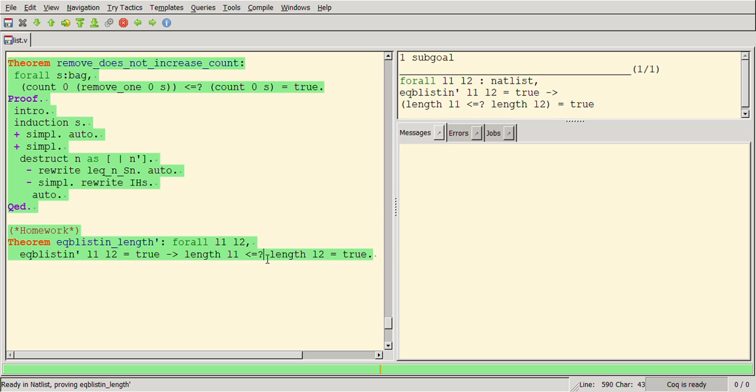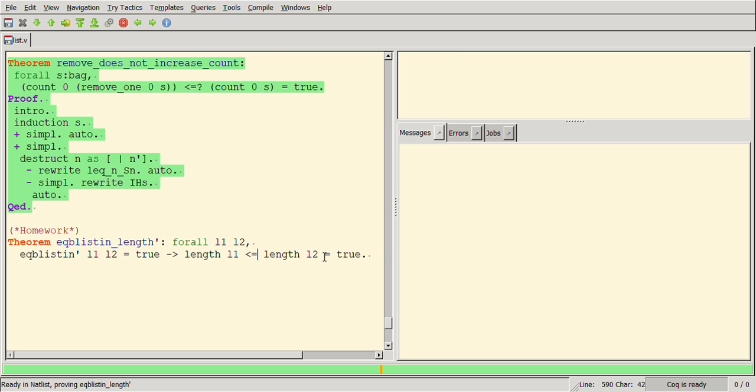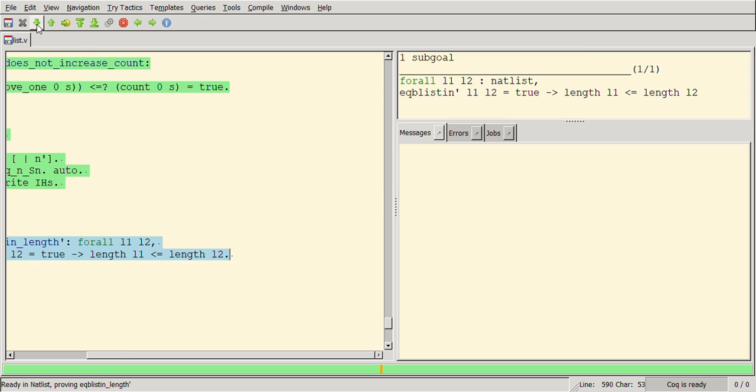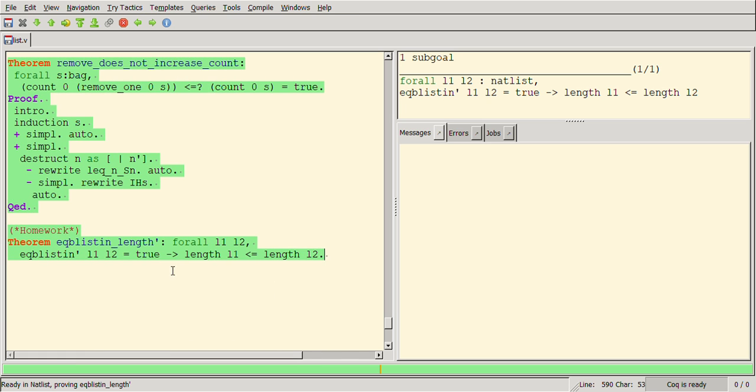And if we remove this Boolean equality, we can use the propositional relation. You might be used to the Boolean equality and Boolean less than or equal relation, but it's better to try the proposition.